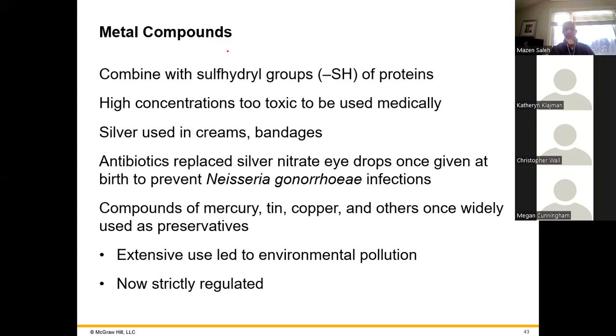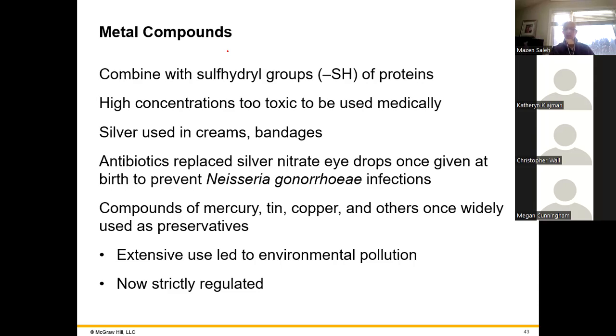Silver nitrate eye drops were used for over 100 years in the eyes of newborns, because newborns used to be quite susceptible to eye infections, which can result in blindness.